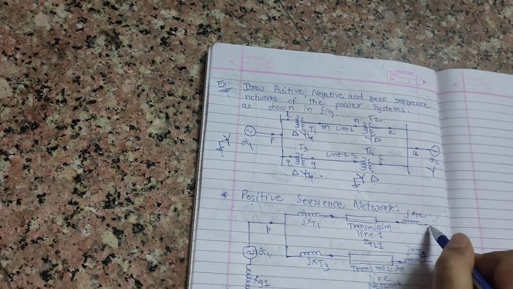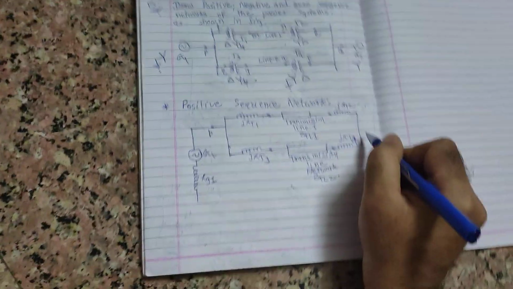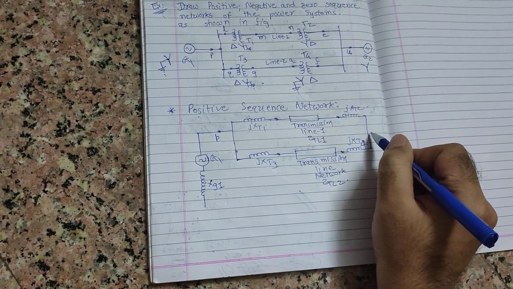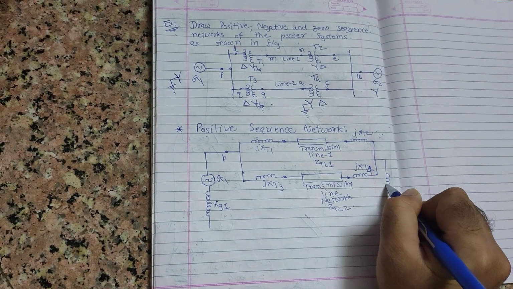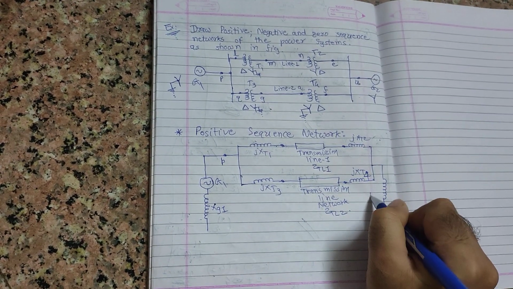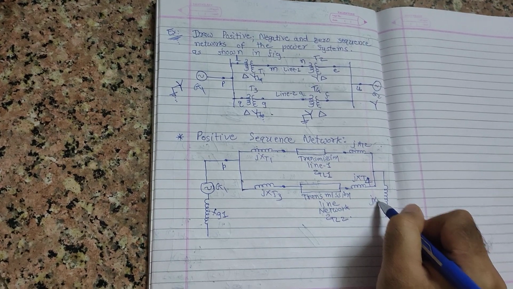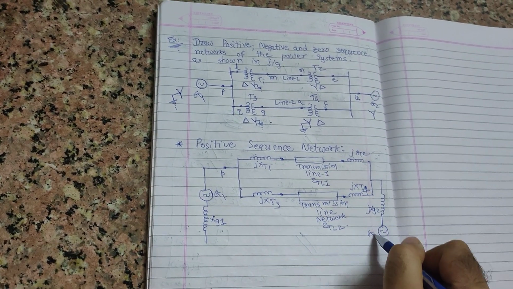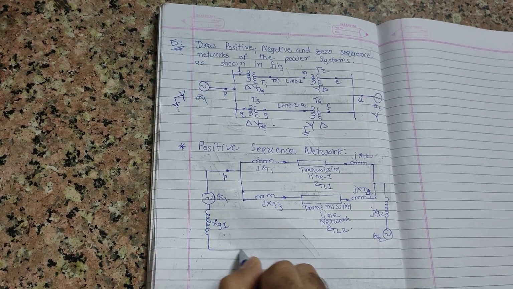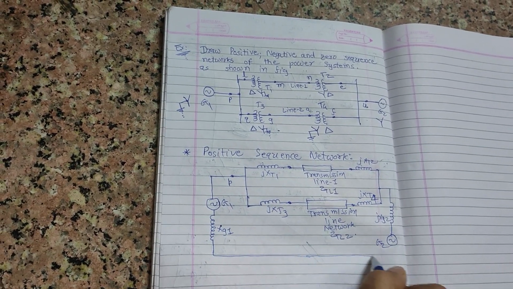Now this will be the parallel part, and then once again we will draw the generator reactance JXG2 and then generator G2. Now connect this to the reference line.